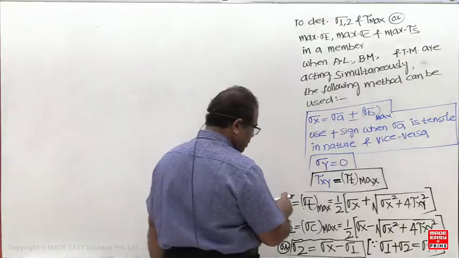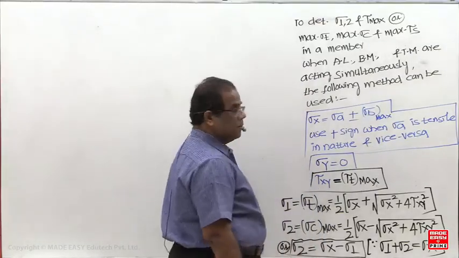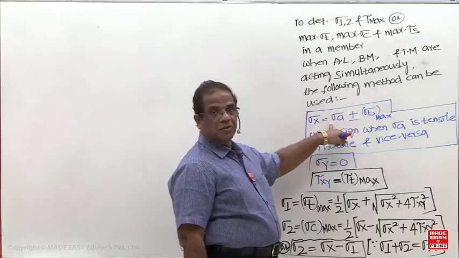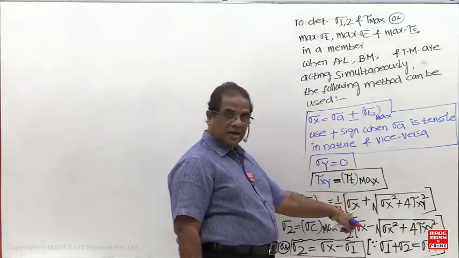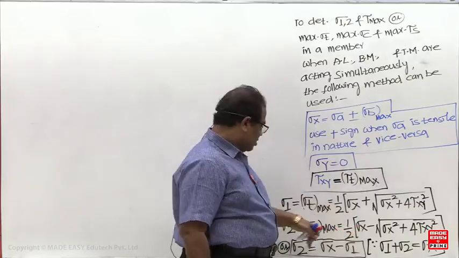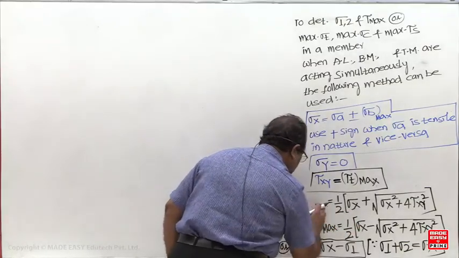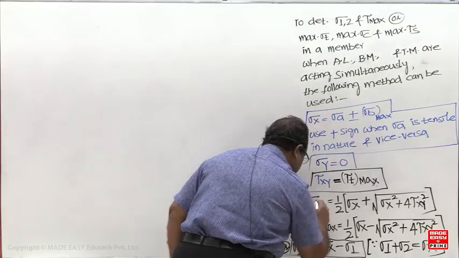So slightly change it also here. You need not call it maximum tensile, because suppose this is negative, so sigma x you are going to get as negative. So don't call this maximum tensile stress, only call it sigma 1. After calculation you can decide.